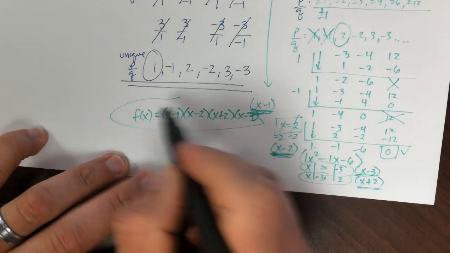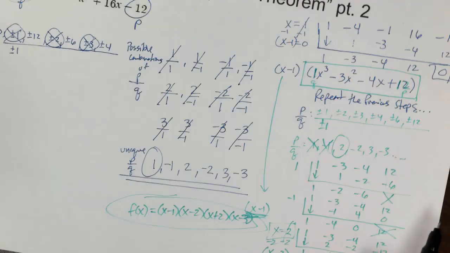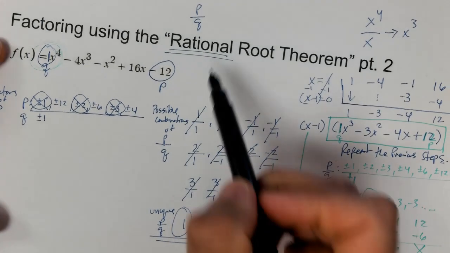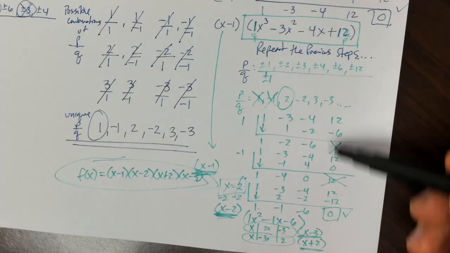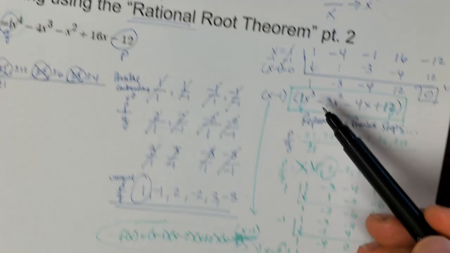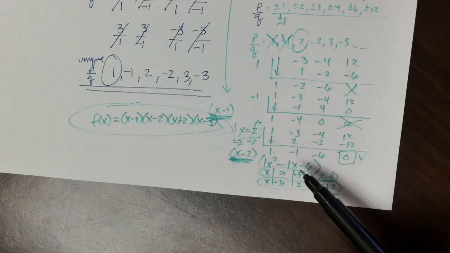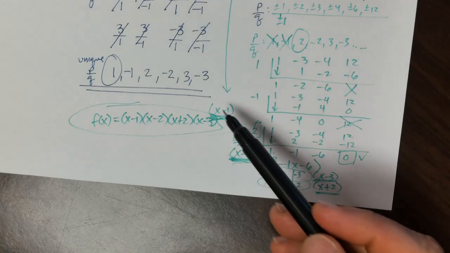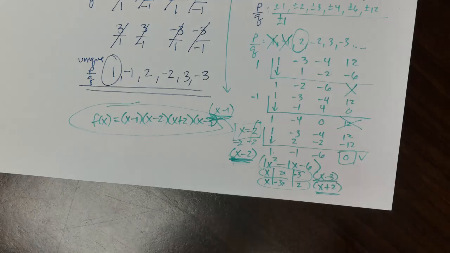Here's my factored form up to the 4th power. All I did is I repeated the rational root theorem twice. I did it to find the cubic, and then I did it again to the cubic to find the quadratic, so that I can find my 1, 2, 3, 4 factors.